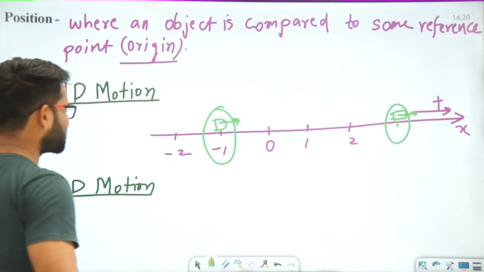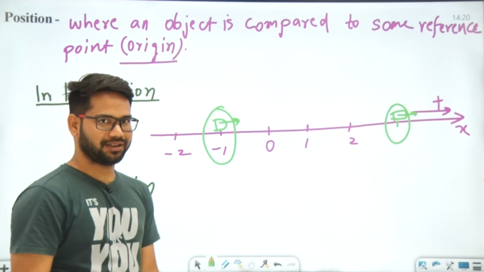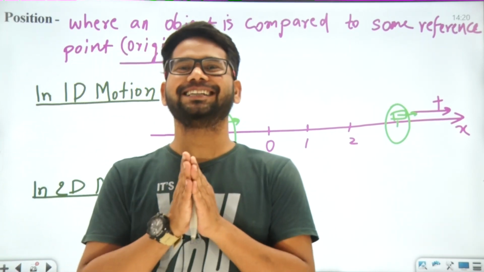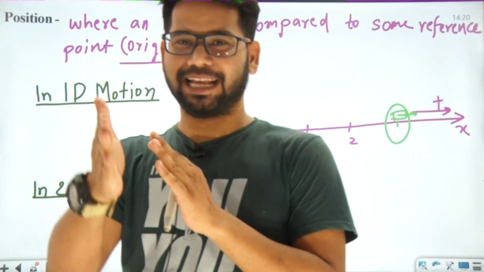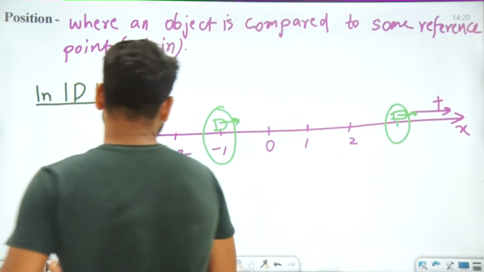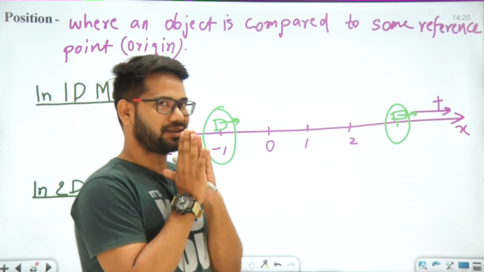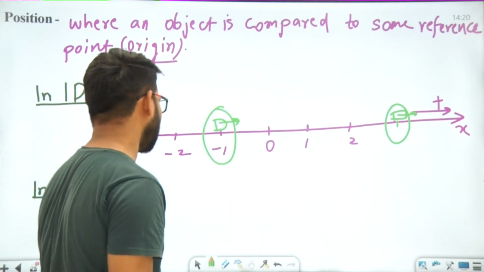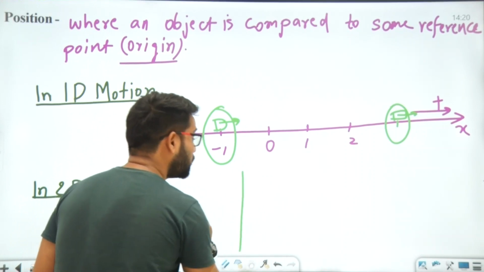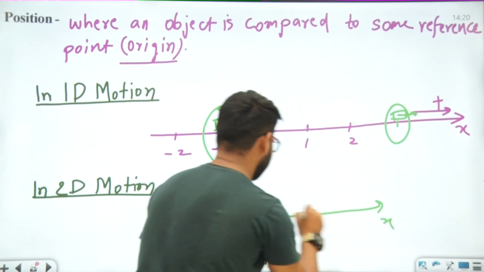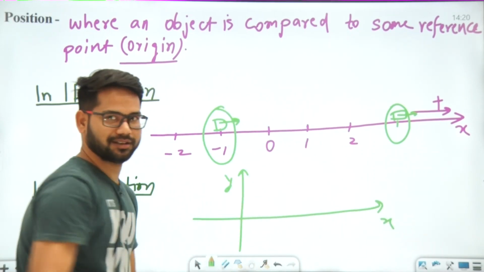Now students, let's go for the two-dimensional motion. Two-dimensional motion is like motion in a plane, right? So students, if you have to compare or think about 2D motion, then what you have to do, you have to take two perpendicular axes, x and y.